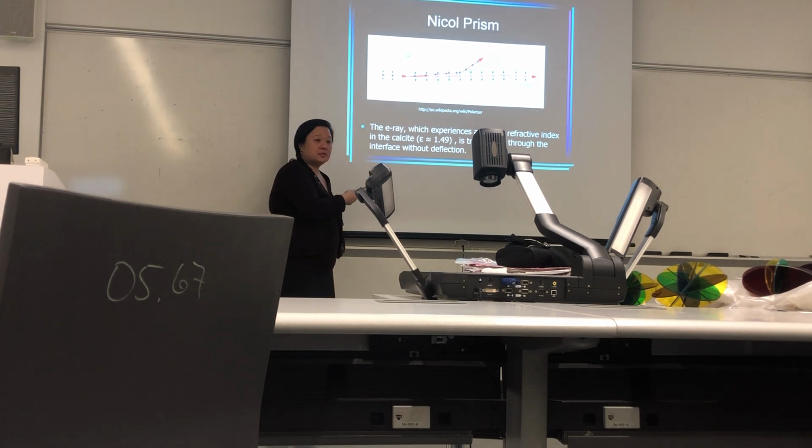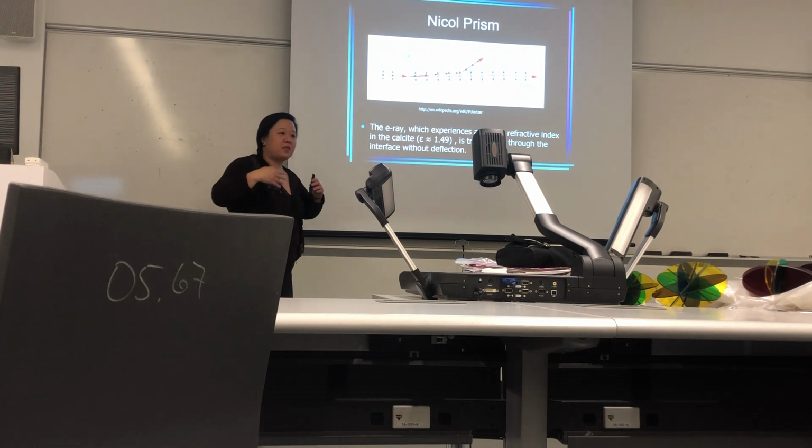It's Canada balsam. It has a different refractive index. And because it has a different refractive index, just like what I was talking about before, if you're going from a high refractive index to a low refractive index, and the angle is just right or larger than the critical angle, you're going to get total internal reflection. And that's what's happening with the nicol prism.